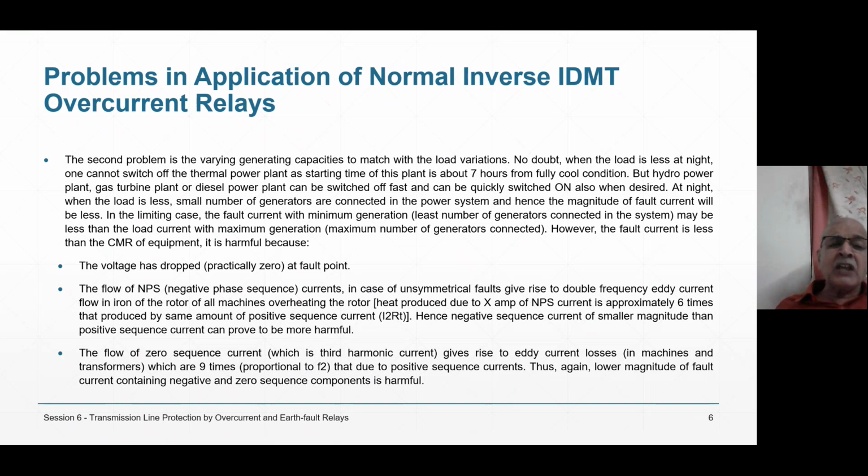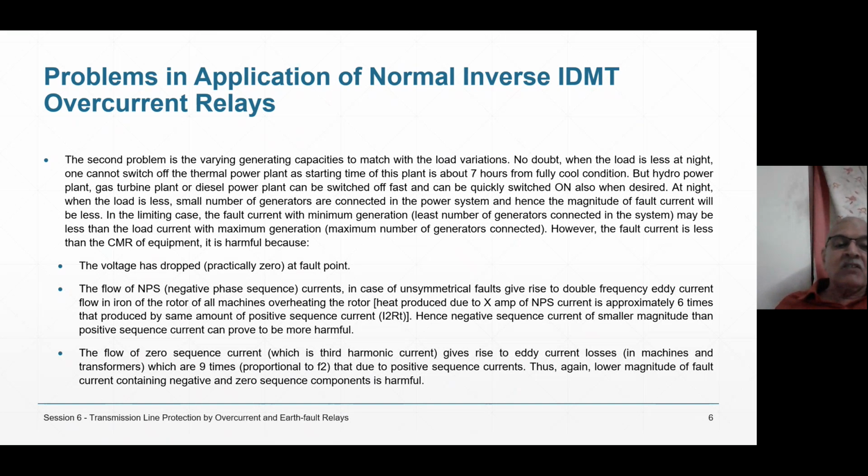One may argue that if the fault current is less, there is not going to be any damage to the equipment, because if a higher load current can be taken by the equipment, a lower fault current can easily be taken. But it is not so, because there are many reasons.